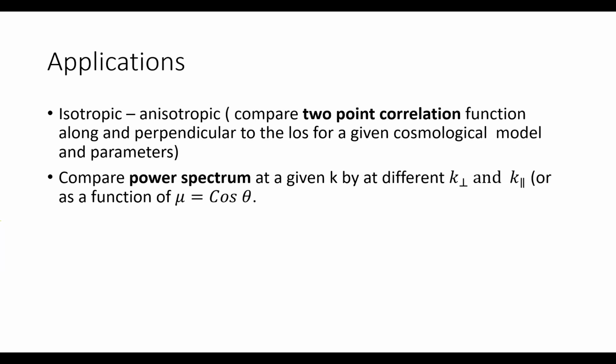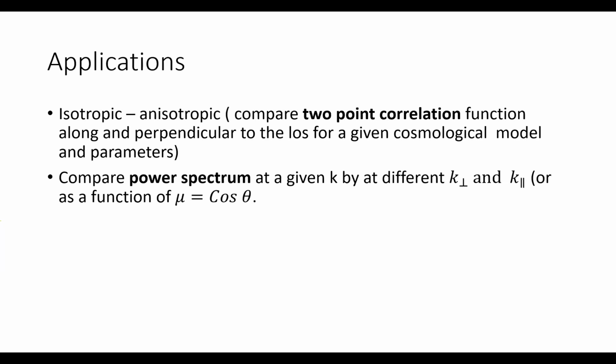Also, consider spherically symmetric quantities like the power spectrum or 2-point correlation functions. Tapomoy has explained 2-point correlation functions to you. The 2-point correlation function is a function of the separation between 2 points, right? It doesn't matter whether that separation is perpendicular or parallel to the line of sight.